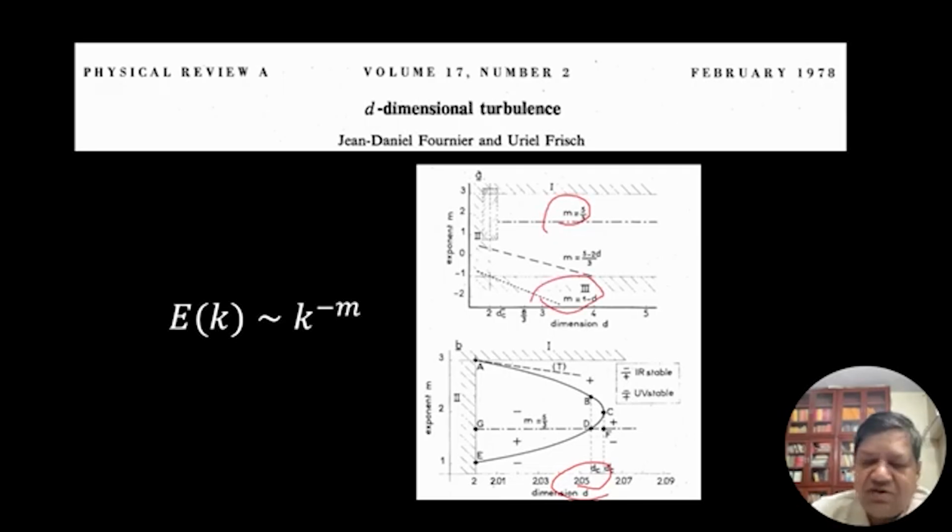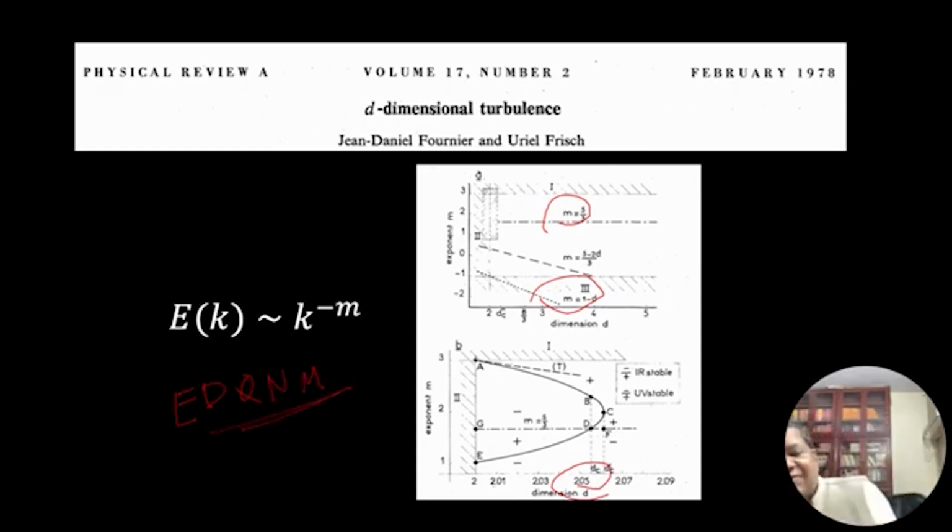This is not based on field theory per se, but on EDQNM, which is not as rigorous as field theory, but a similar formalism. So there are some similarities and some differences, and I need to look at it in more detail.